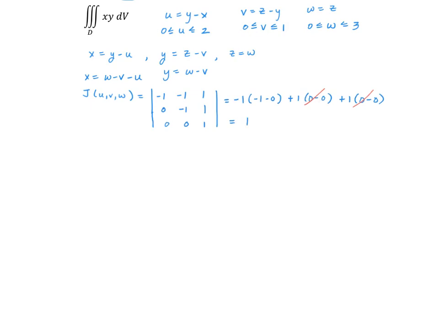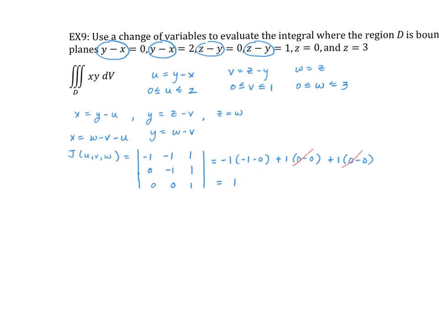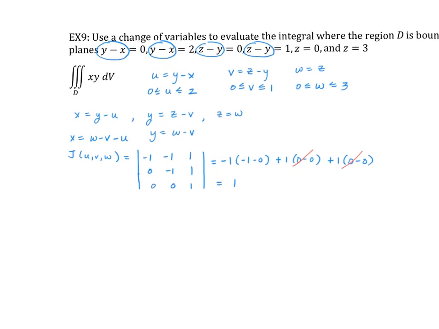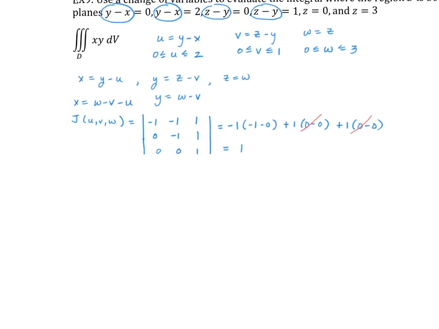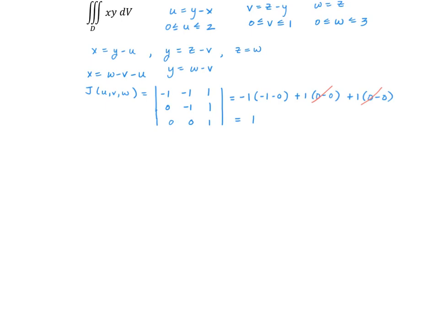I have my Jacobian is 1, which is good news because when I set up my integral, I don't have to worry about it. Okay, now my integral is x times y. Unfortunately, x is equal to w minus v minus u, and y is equal to w minus v. Because I'm changing everything to uvw, I have to multiply out w minus v minus u times w minus v, which would give me w squared minus vw minus vw plus v squared minus uw plus uv.